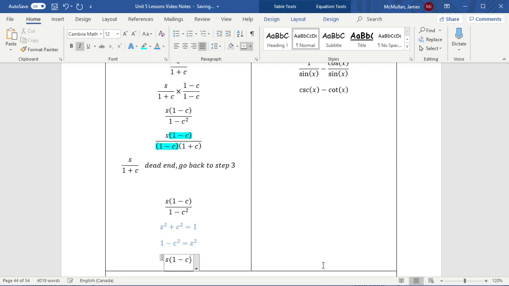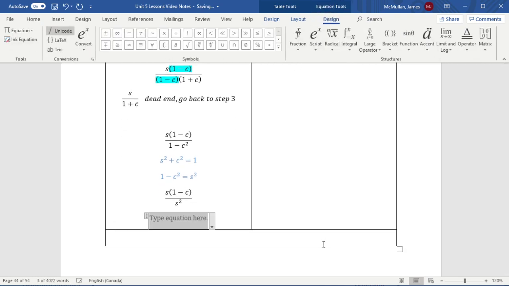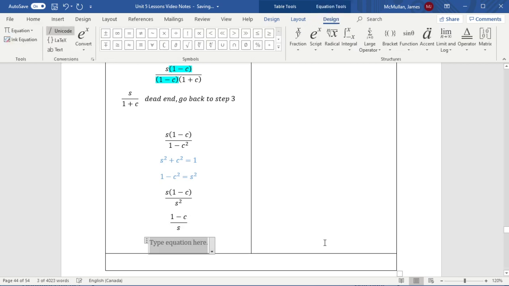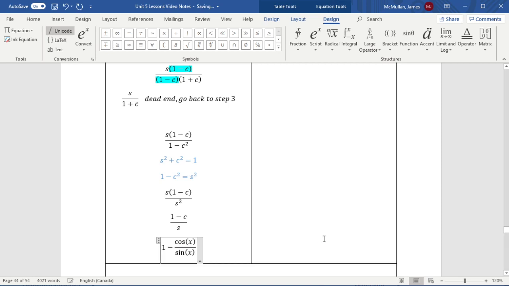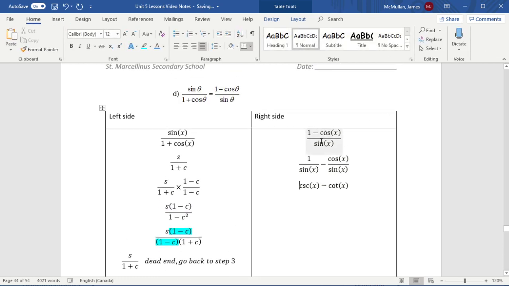So I have s times 1 minus c divided by s squared, right? How does that cancel? 1 minus c divided by s. What is 1 minus c over s? 1 minus cos x divided by sine x. That's what the other side was.